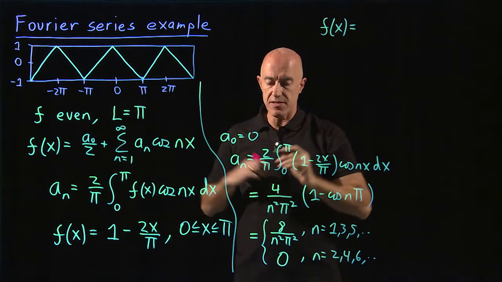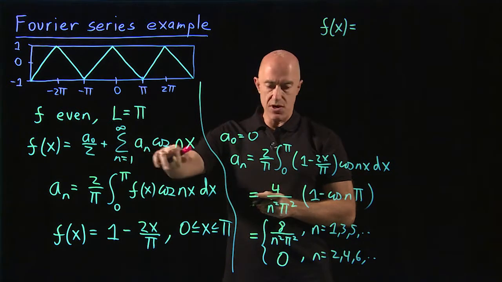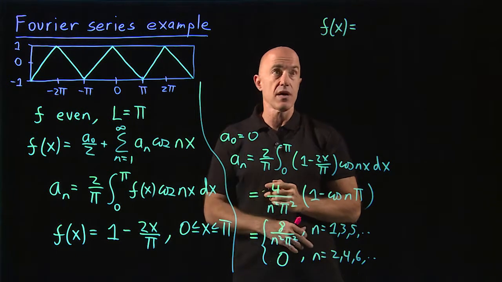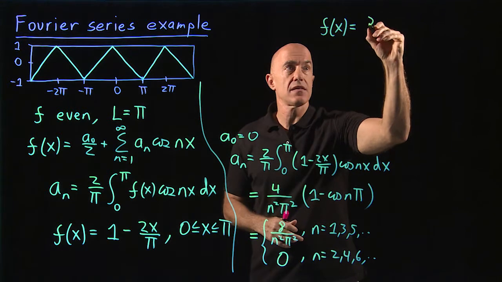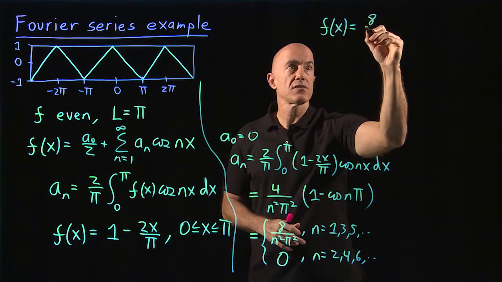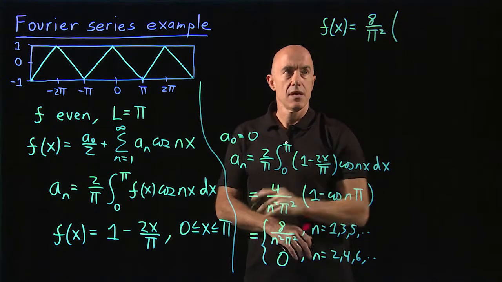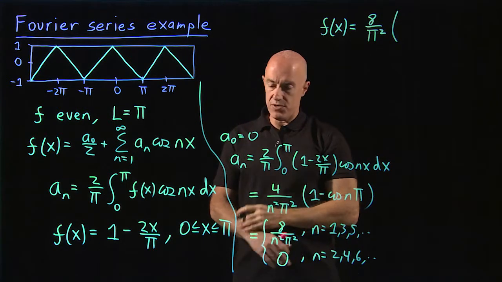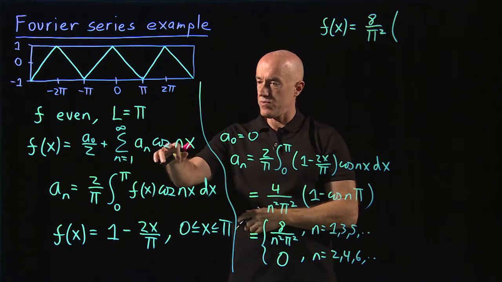Well, why don't I just take the terms separately? So the first term will be n equals 1. All the terms will have an 8 over pi squared. And then the first term will correspond to n equals 1.